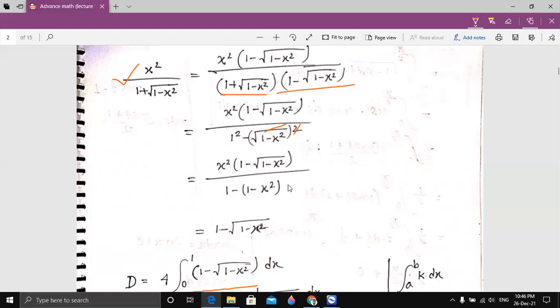If I just do another line here, it will be 1 minus 1 plus x squared. So I can cancel out this 1 plus 1 and minus 1, and also I can cancel out this x squared and this x squared. Ultimately we have only this function.